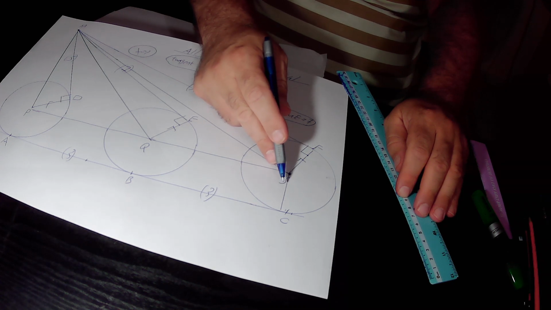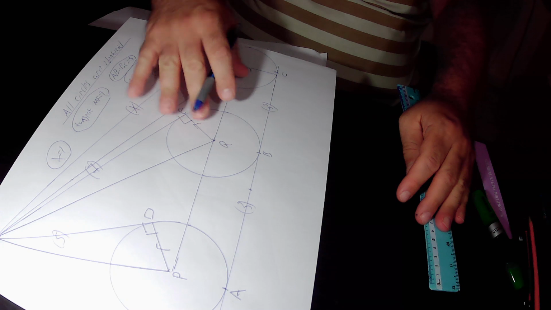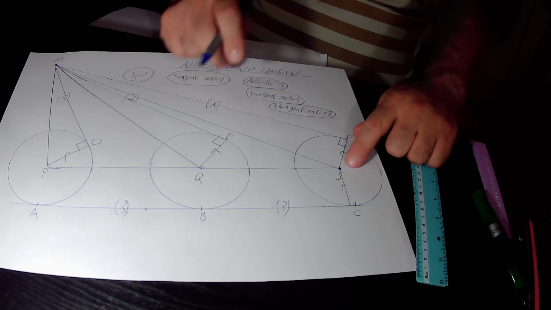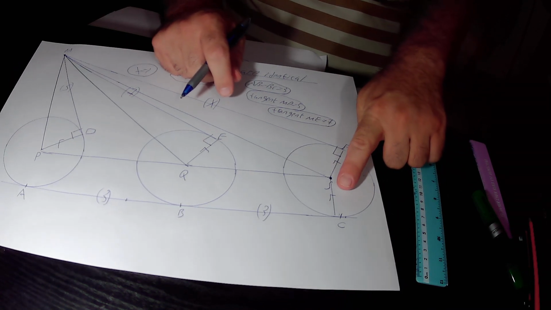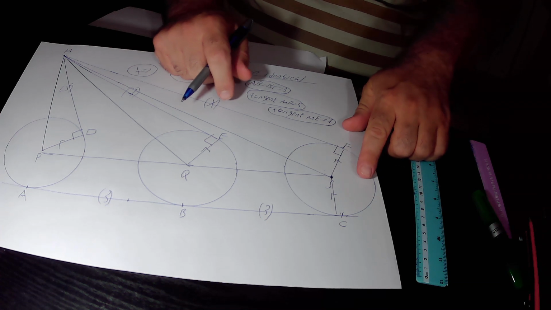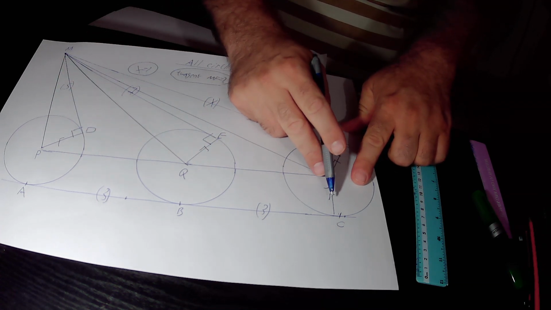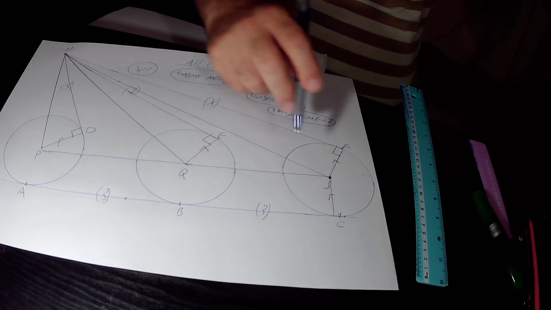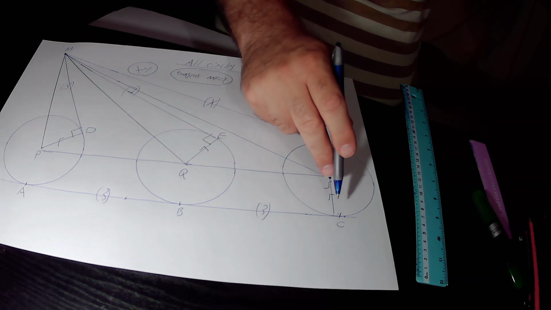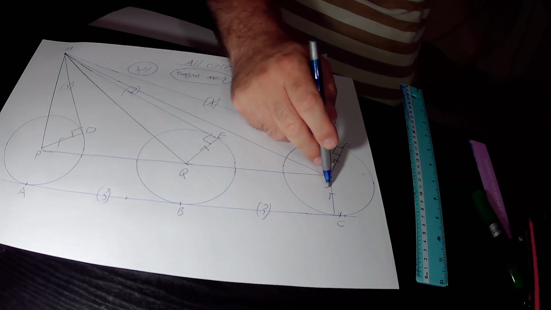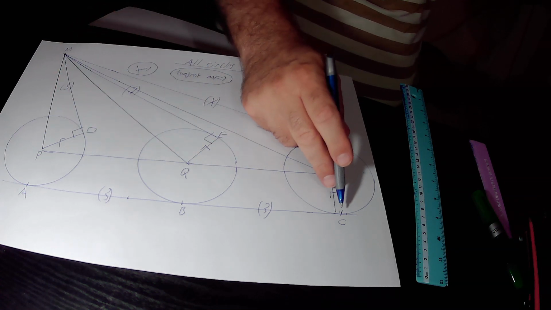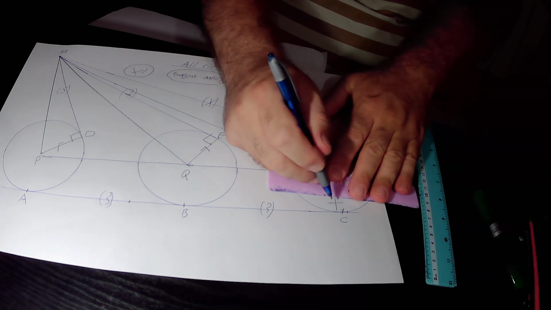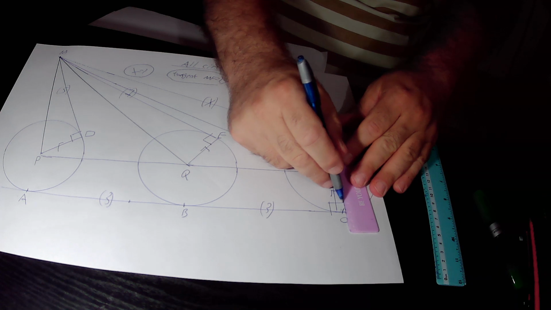Therefore, SC is the radius of this circle, that is R. And because the radius SC is drawn to point C, that is the point of tangency of this big tangent with this circle, whenever you have a radius drawn to the point of tangency, then this big tangent will be perpendicular to the radius CS. If this big tangent is perpendicular to the radius CS, it means that this angle equals 90 degrees, and this angle also equals 90 degrees according to rule 1.